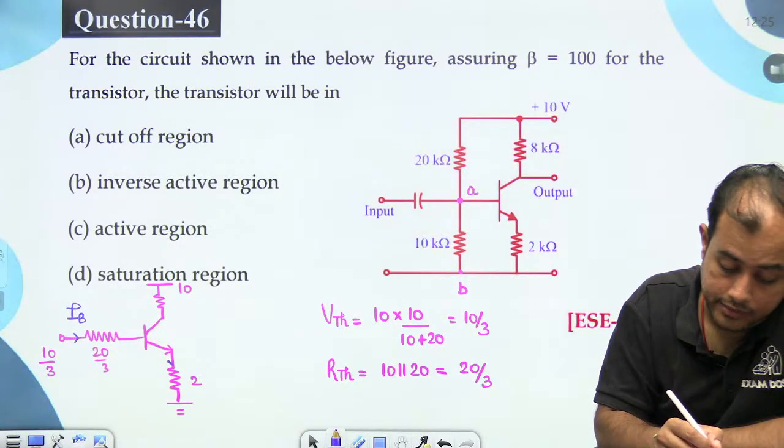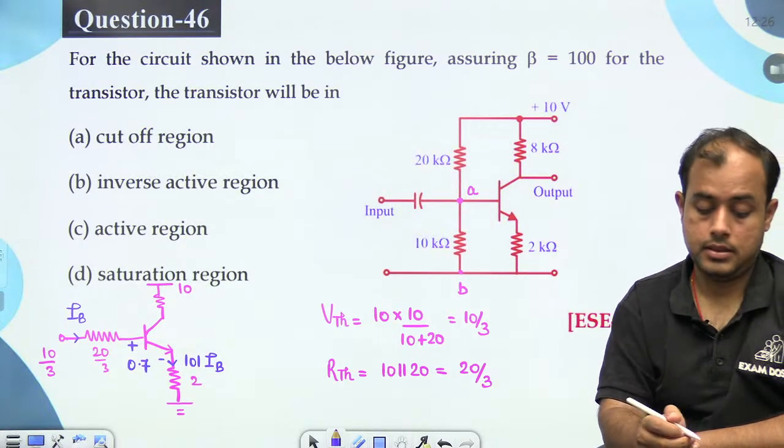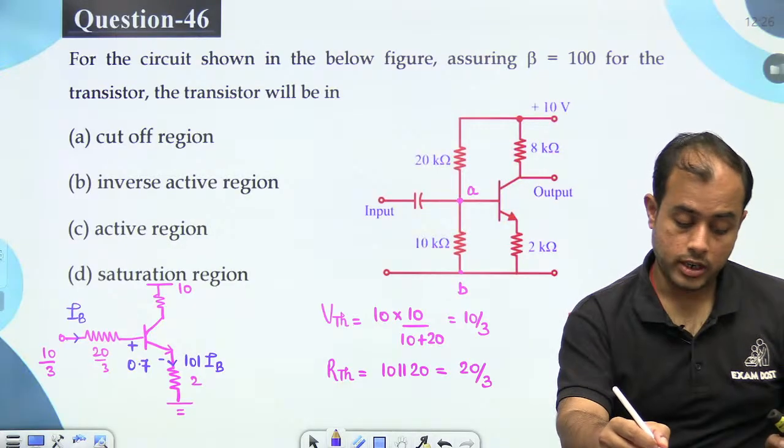So for IE, we will assume the active region and we will assume a 0.7 drop. So basically what will happen?